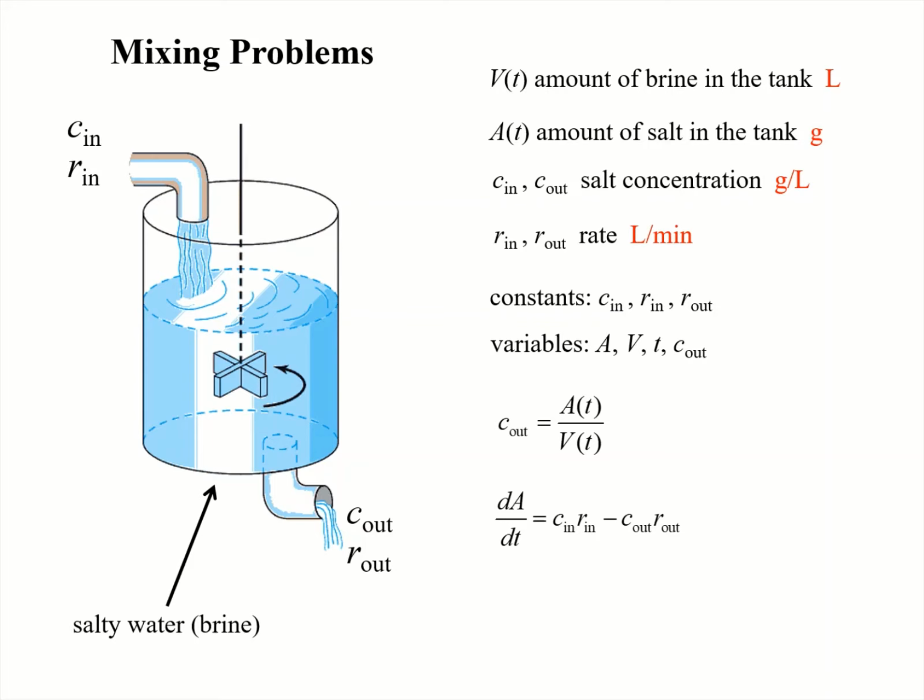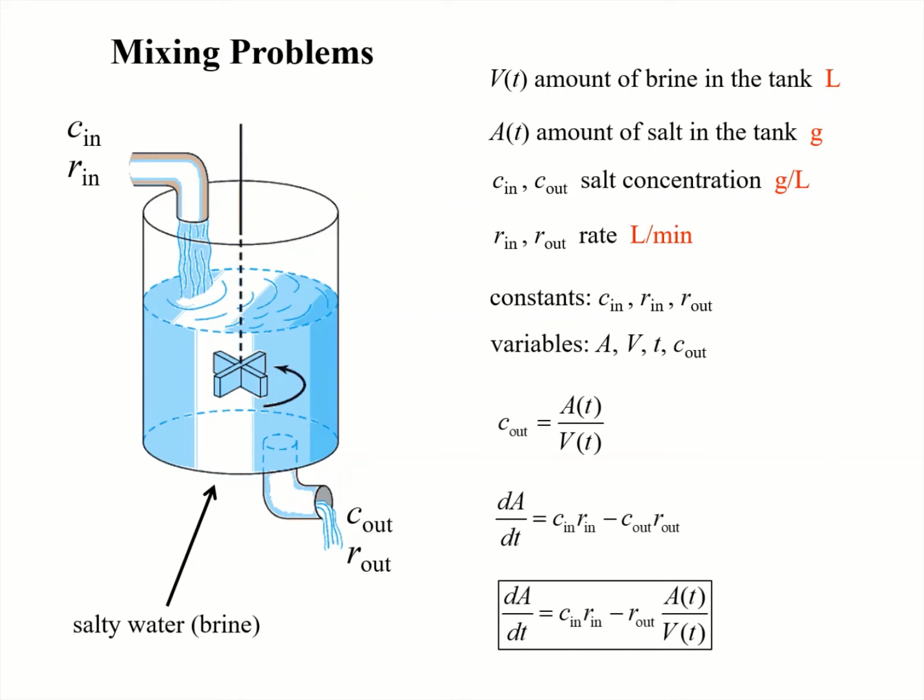A is grams and t is minutes, so this is the change of the amount of salt with respect to time. We can replace C out with A over V, and we end up with the differential equation that we're going to use when we do the problems in this section.